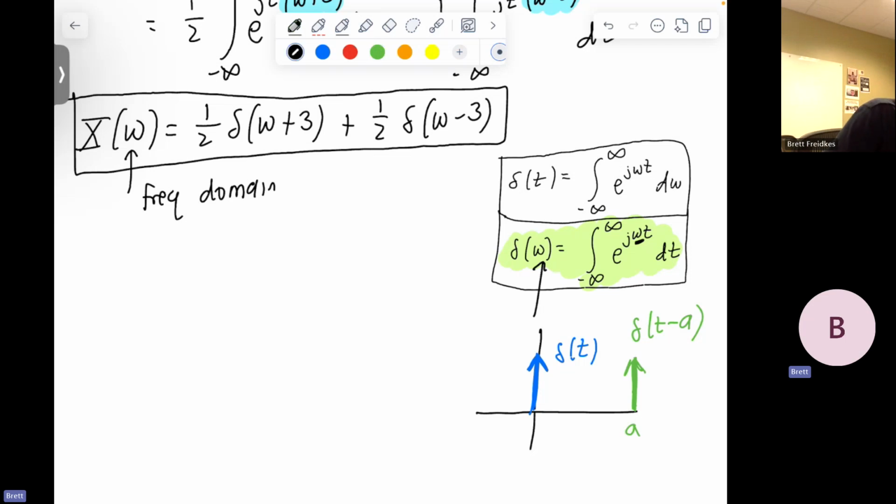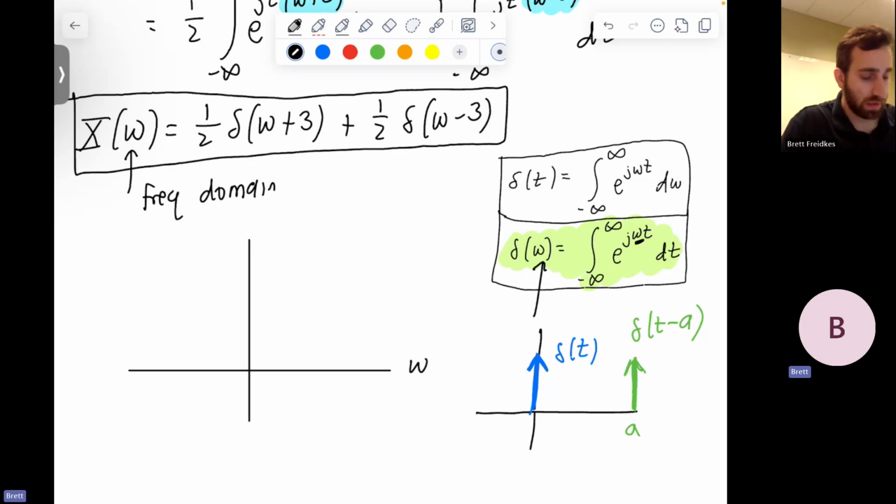So if we look at this and we're going to plot in the frequency domain, we would see not peaks at 0 hertz, we would see peaks that are shifted. This first one is shifted to the left by 3.